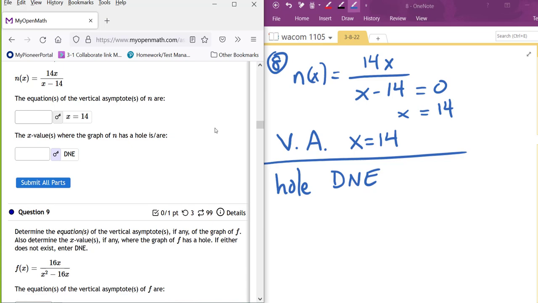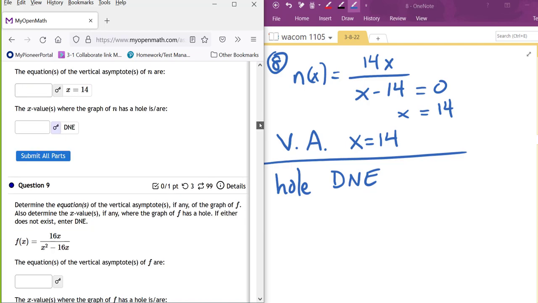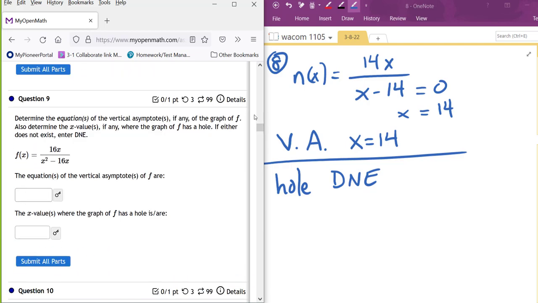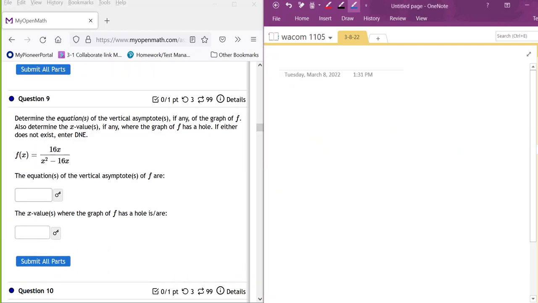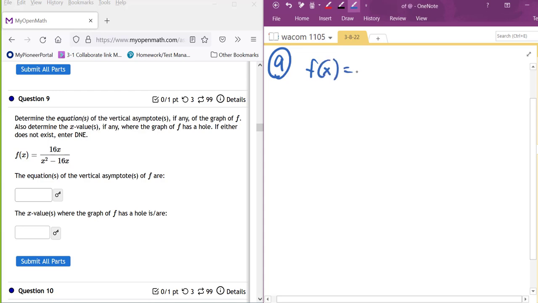All right, so let's see. Question 9. And so we're asked for the vertical asymptotes, and we're asked about holes again. So you want to factor your denominator.